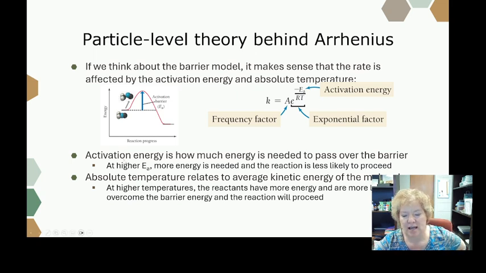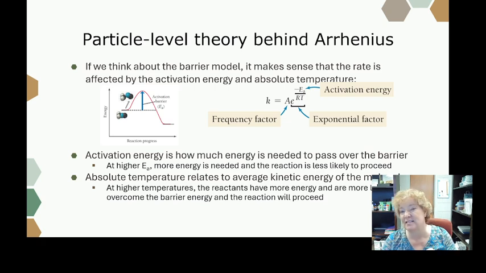So the activation energy is how much energy is needed to pass over the barrier. At higher energies, it's harder to pass over the barrier, so it makes sense that the reaction is less likely to proceed and I'll have a slower rate or a lower rate constant.